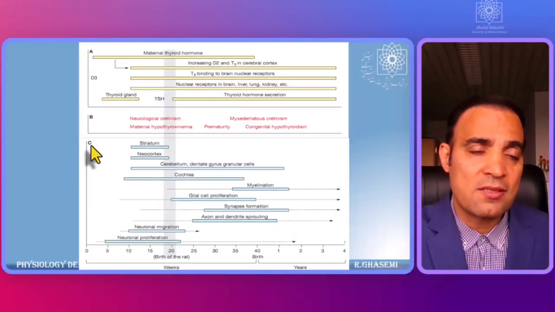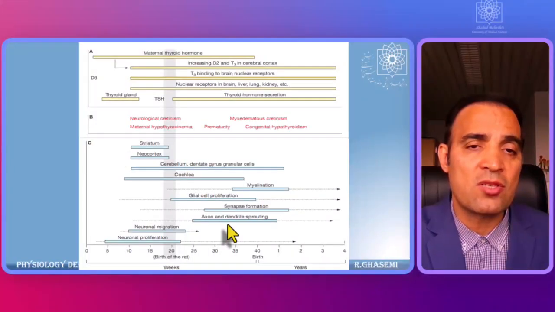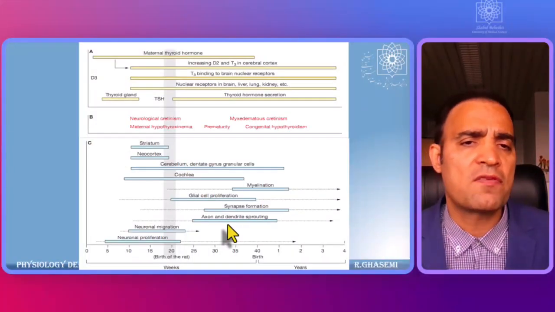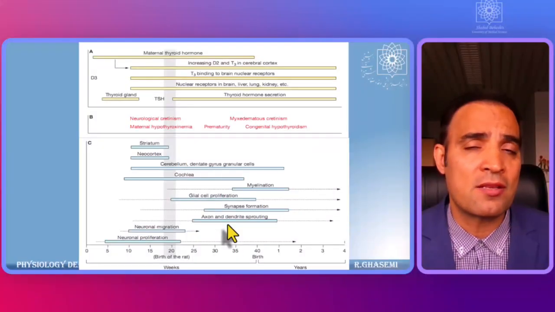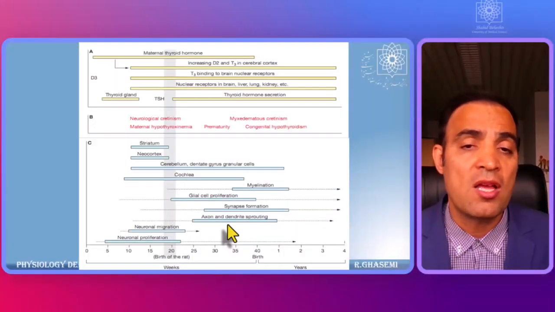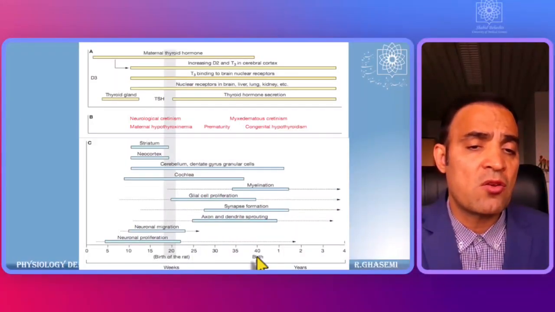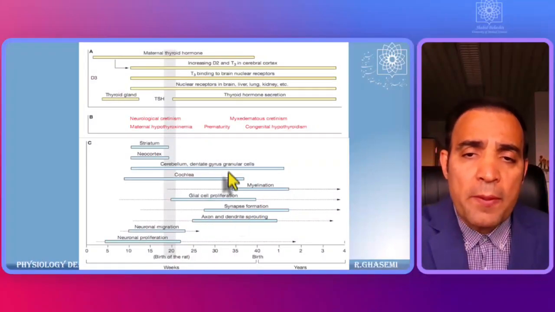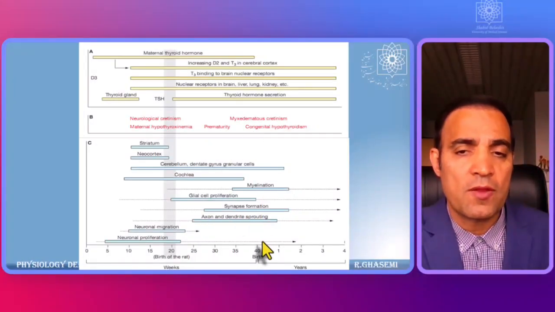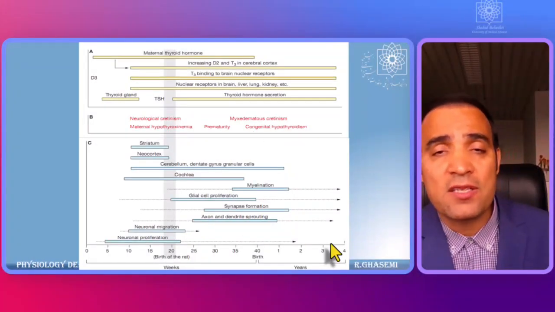But in part C, you can see the development of different parts of the brain that are dependent on thyroid hormone: striatum, neocortex, cerebellum, cochlea, glial cell proliferation, neuronal migration, and neuronal proliferation all depend on thyroid hormone. And this continues after the birth.